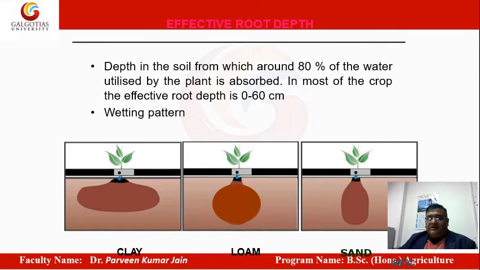Now, the effective root depth in different clay, loam, and sandy soils, you can see the wetting pattern. This is called the wetting pattern. There is a soil zone from which around 80% of the water is absorbed and utilized by plants, whereas that is not possible in normal irrigation, or flood irrigation.